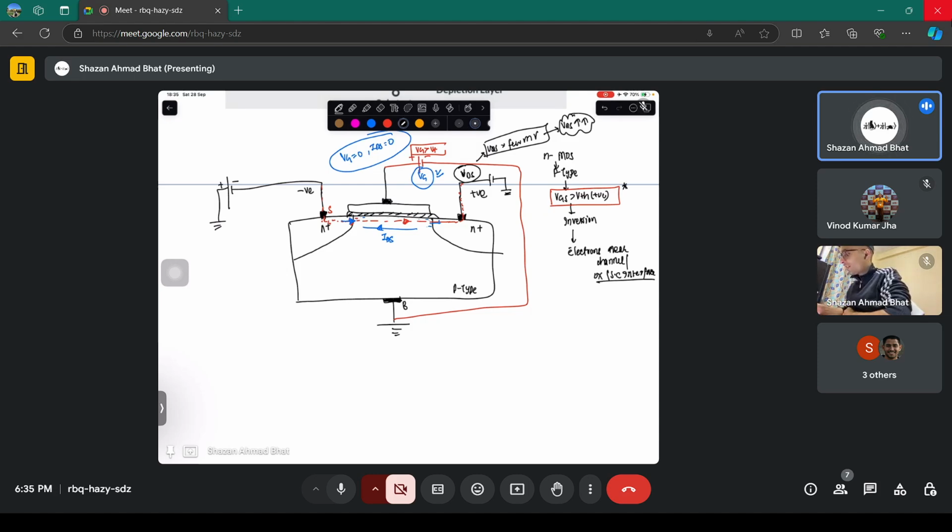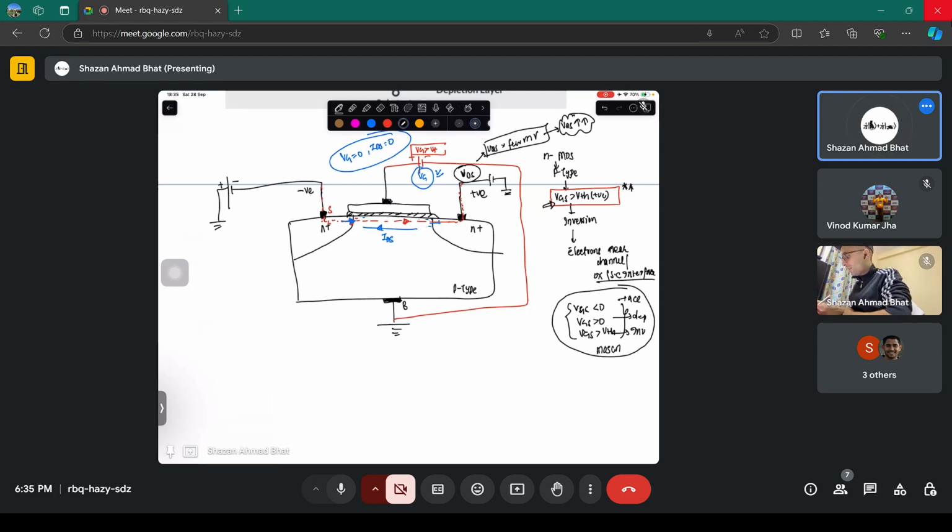But in the MOS capacitor, we only had one terminal, so we controlled the gate voltage. We saw that depending on VGS, when VGS is less than 0, greater than 0, or greater than VTH, you get accumulation, depletion, and inversion regions. So these are all for the MOS capacitor.